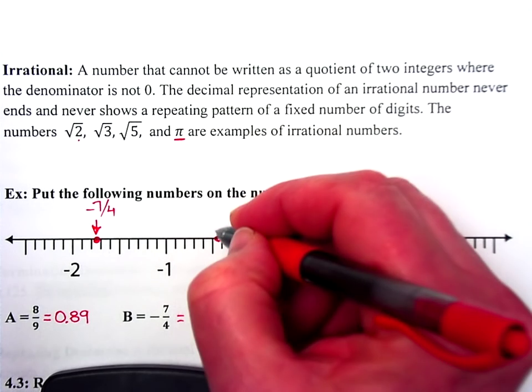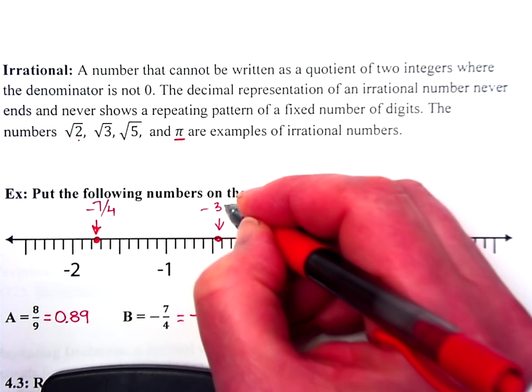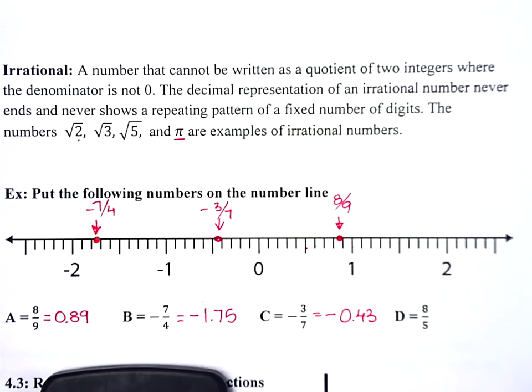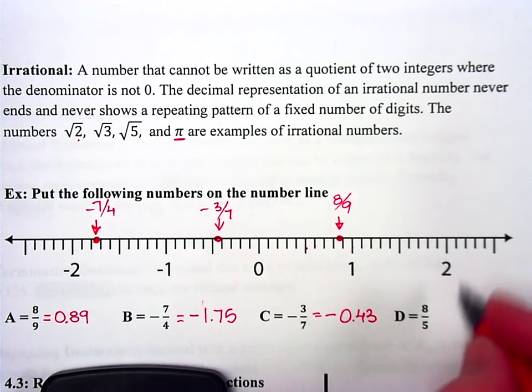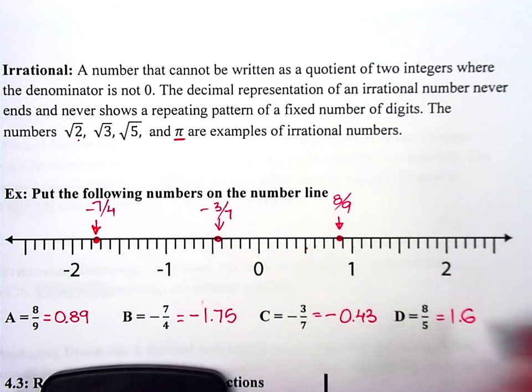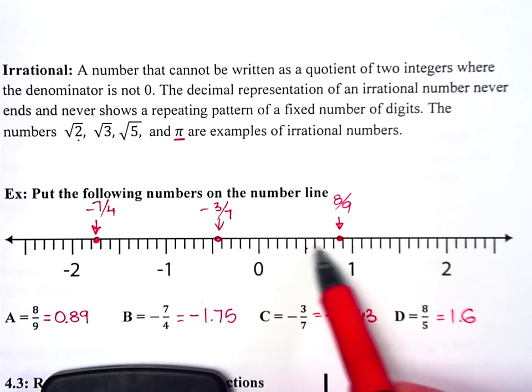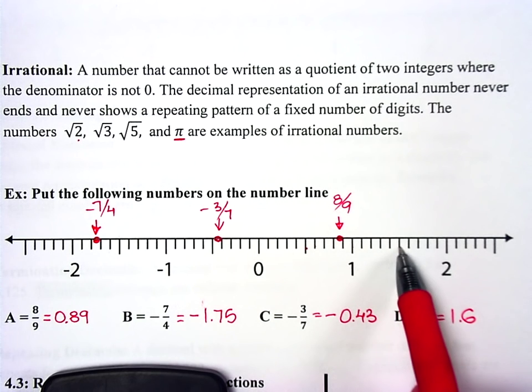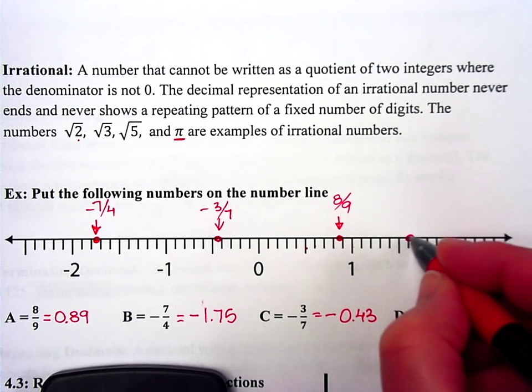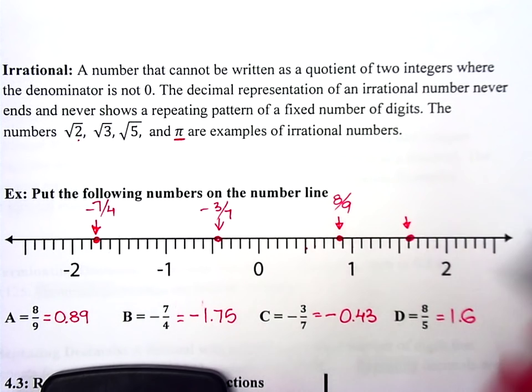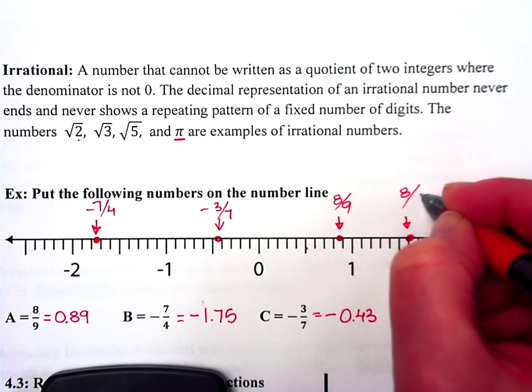So that's -3/7. Next, 8/5, 8 divided by 5, I have 1.6. That would be in the positive direction, 1, 1.5, that's 1.6. So that should be 8/5.